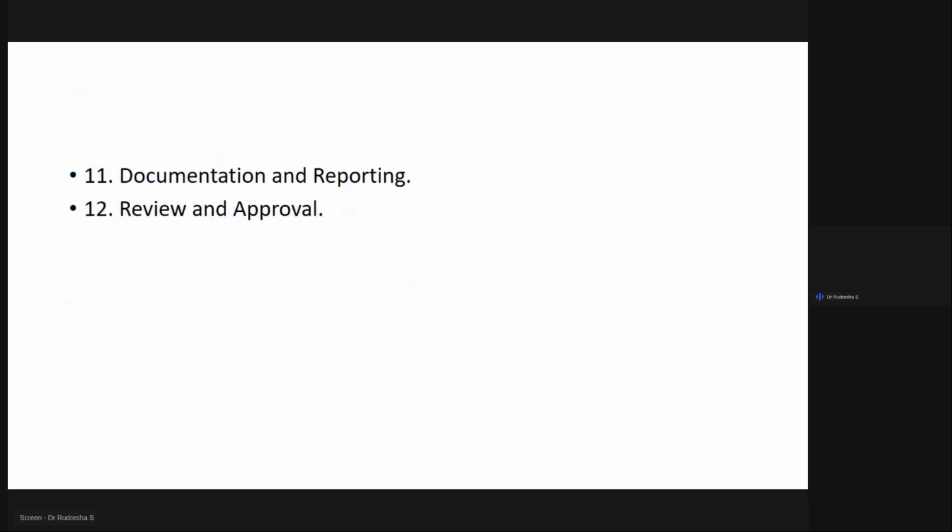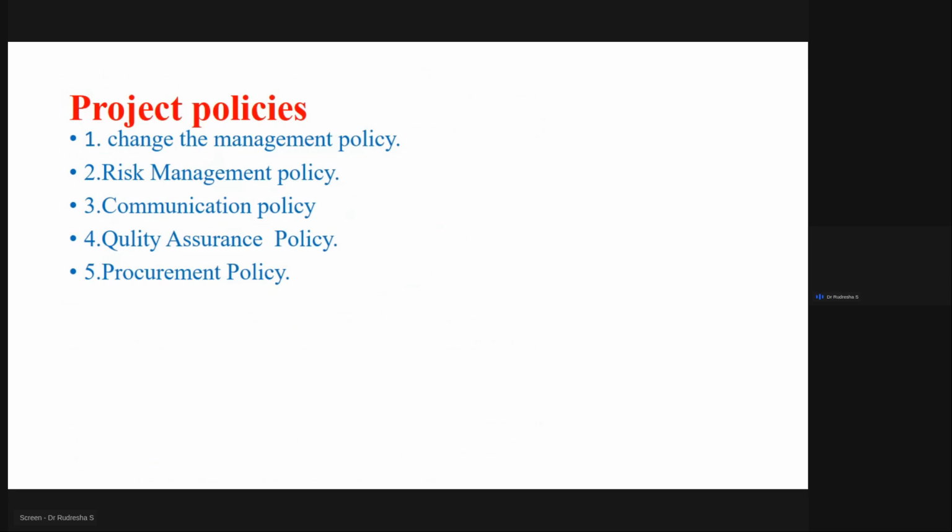Documentation and reporting, review and approval. See, project policies: change management policy, risk management policy, communication policy, quality assurance policy, procurement policy. These are all five project policies.